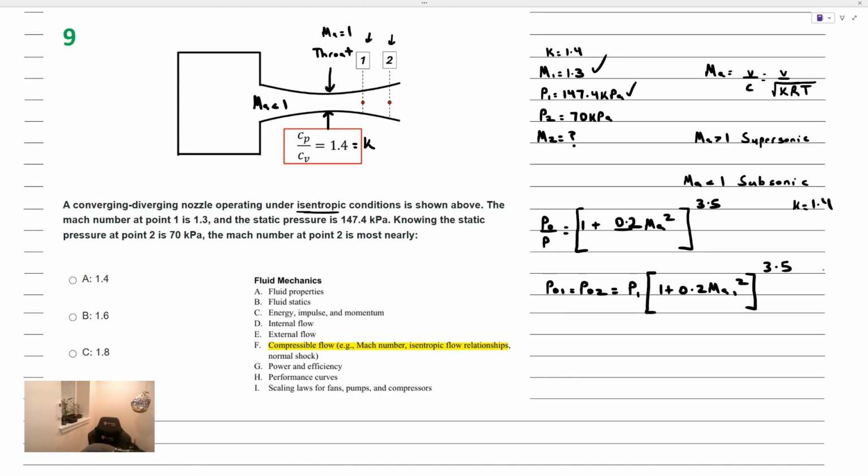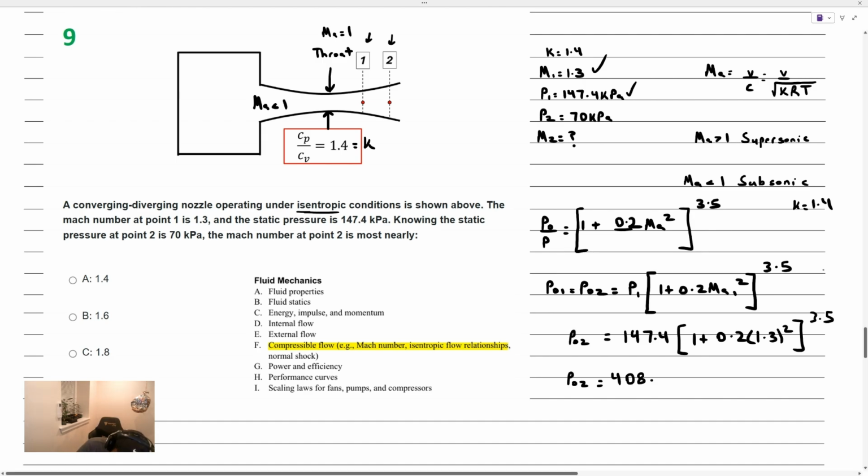If we plug in the static pressure at state point 1, that was 147.4 kilopascals, times 1 plus 0.2 multiplied by 1.3 squared, raised to the 3.5, we get 408.408 kilopascals.